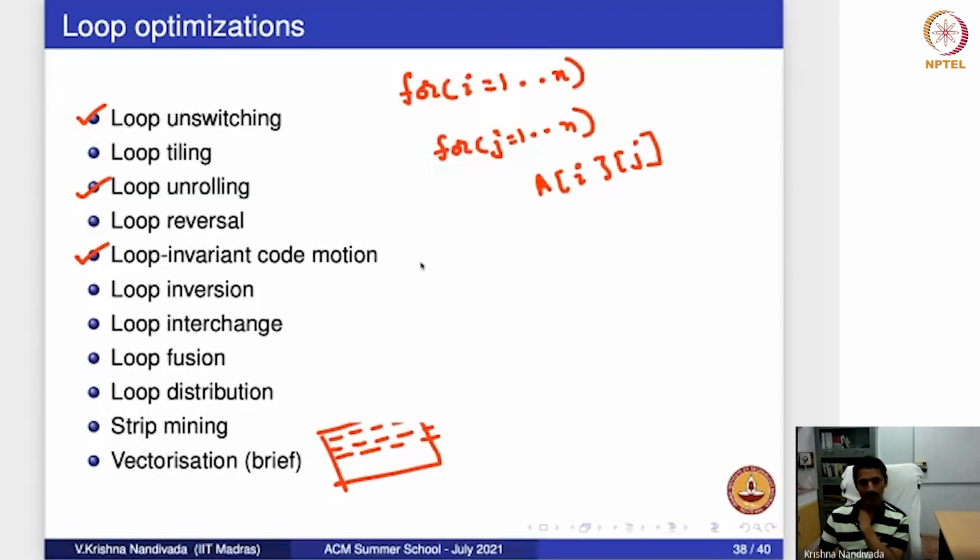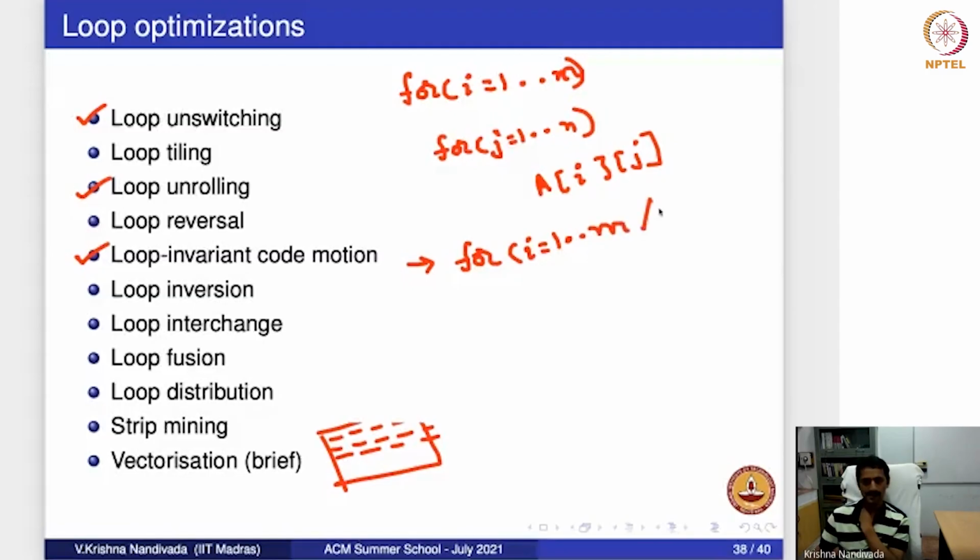So what loop tiling does is the following. Let's make it M and N, to make it more general.